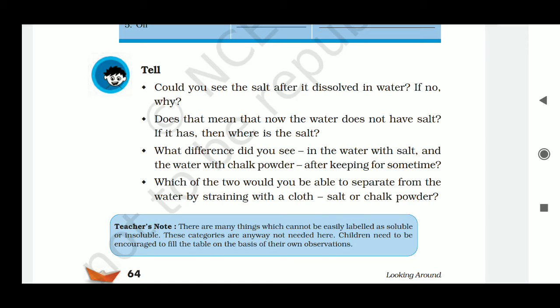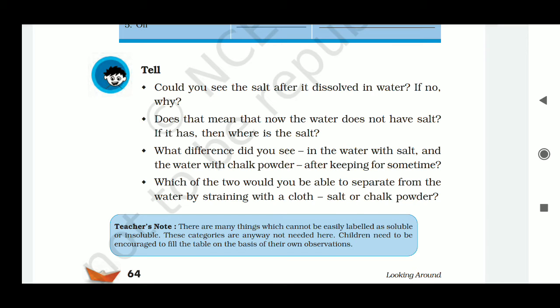So does that mean that now the water does not have salt? No, it doesn't mean that the water does not have salt. Only the physical appearance is not there. It doesn't mean that salt disappears. If it has, then where is the salt?